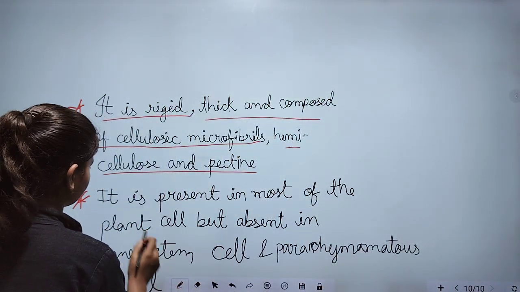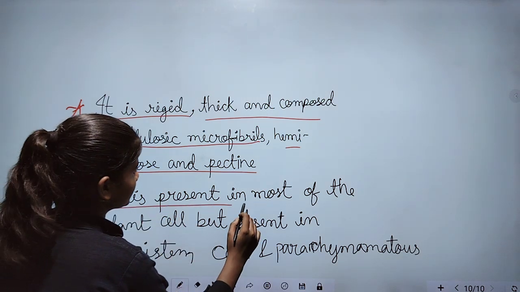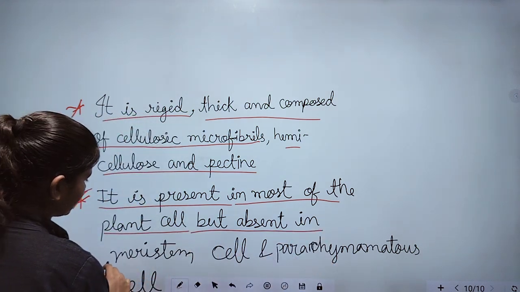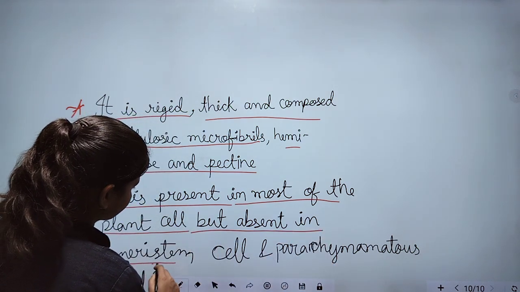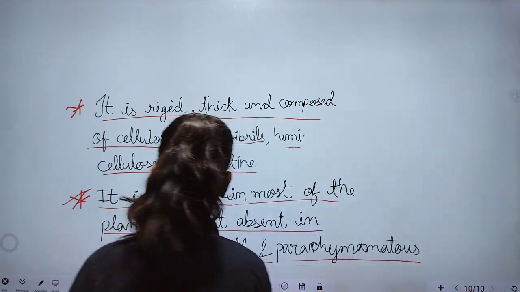And our next point is, it is present in most of the plant cells but absent in meristem cells and parenchymatous cells.